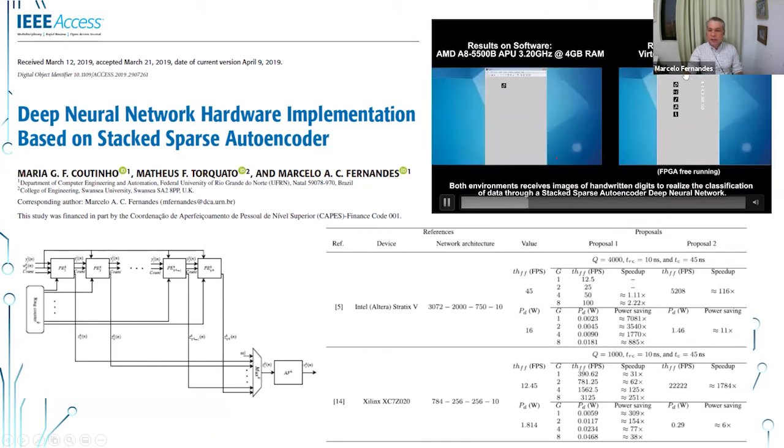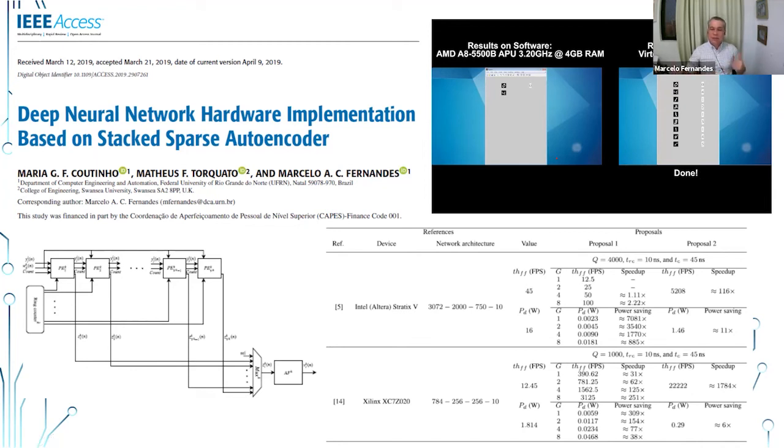On the right side, it's a hardware accelerator, and on the left side, it's a conventional computer. So you can see in the hardware accelerator you have a high speedup compared with the conventional structure.